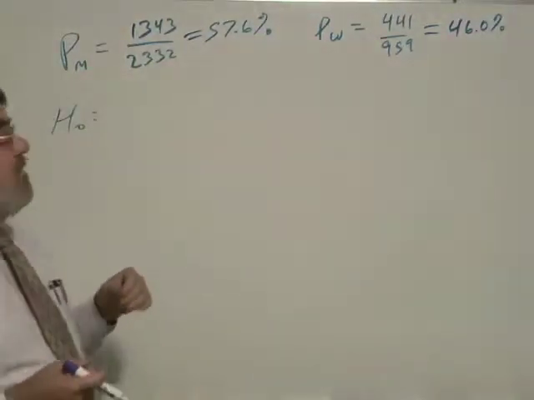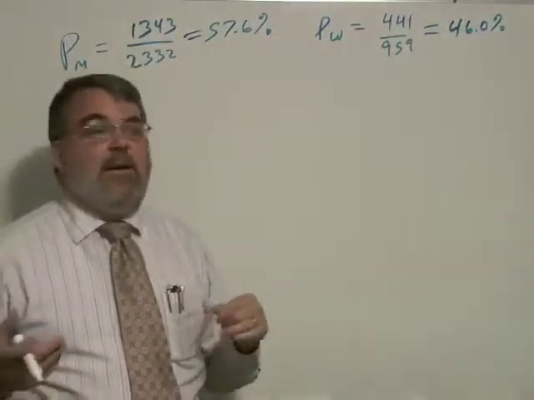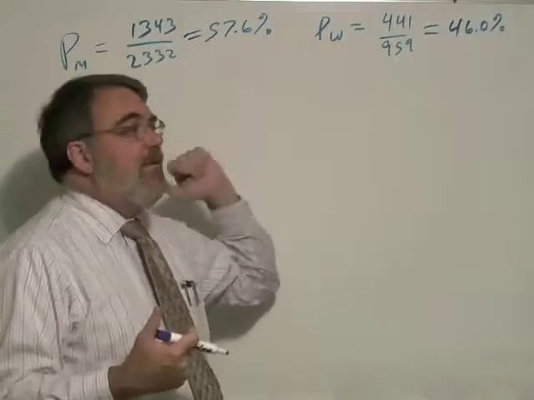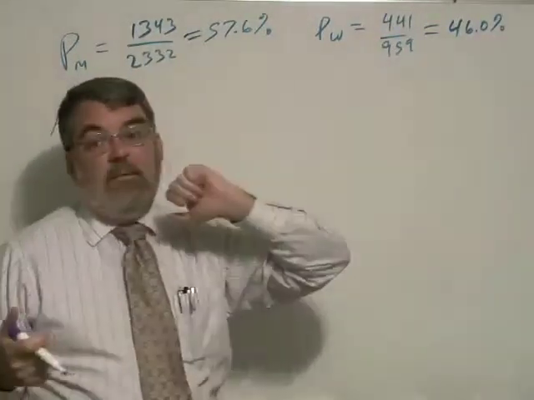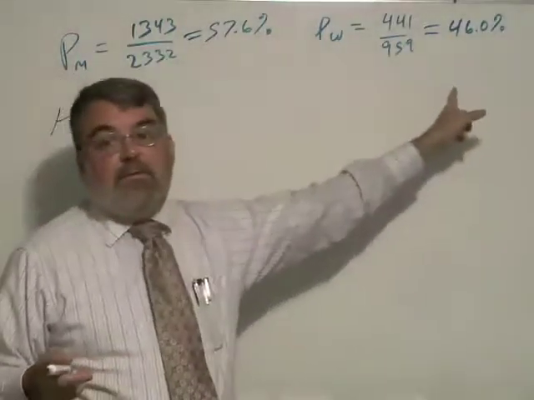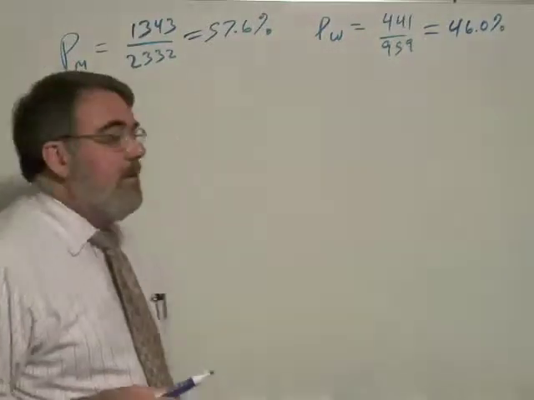Kind of the same issue here. Is this difference significant enough to say that more men do not graduate in the athletes than the women? I'm going to guess, with very large samples, this is probably going to be very significant statistically.